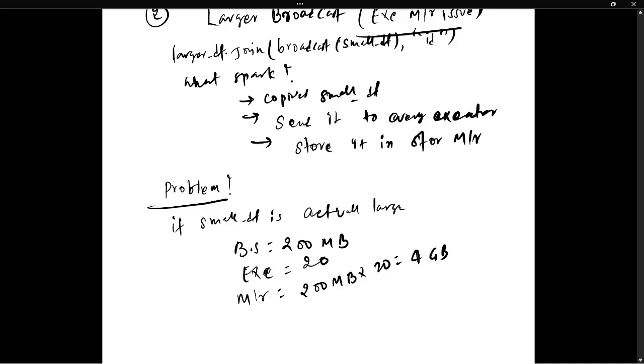That is basically an executor out of memory.